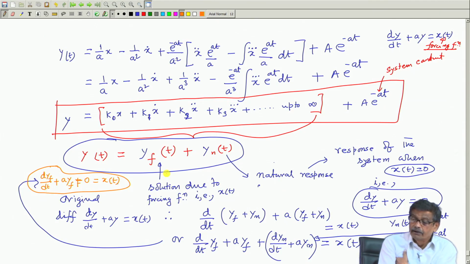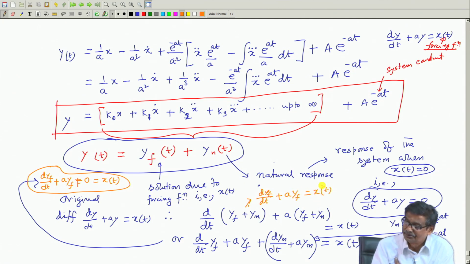And I find that the piece which I am calling the solution due to the forcing function alone will also satisfy the differential equation. This is the statement, that is, y f plus y n satisfies the differential equation. Also d y f dt plus a y f, it is obvious from this, will also satisfy this.